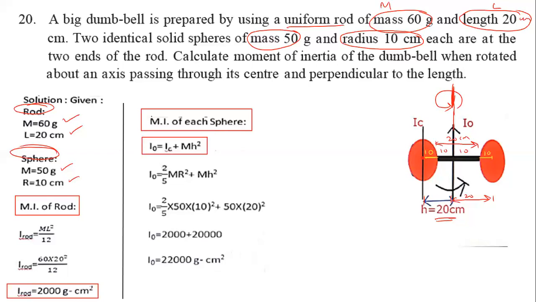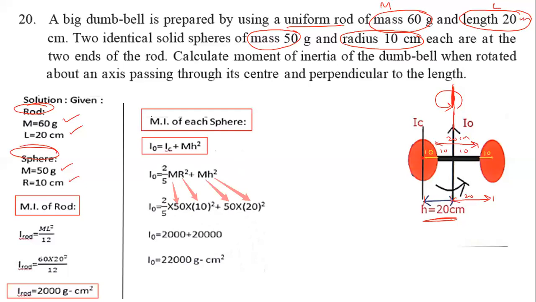IC is the moment of inertia of the sphere about an axis passing through its center. So it is 2 by 5 Mr square plus Mh square, and h is 20 here. So after substituting mass, means this M 50, r is 10 square, and this 2 by 5 as it is. Then M 50, h is here 20, you can see in the diagram.